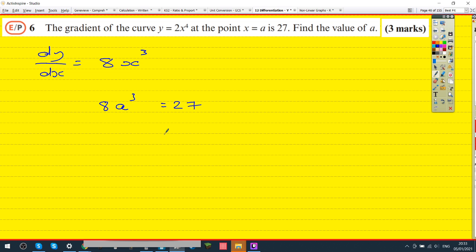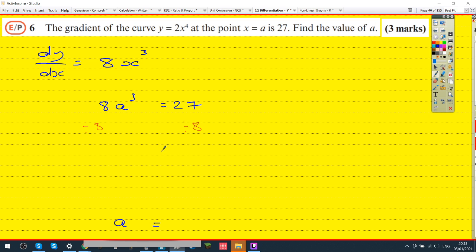So can we minus 27 on both sides? Definitely not. So what you're aiming for is a equals. So we can divide by 8 on both sides, which is 3.375.